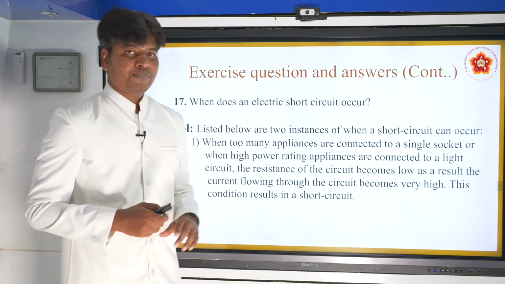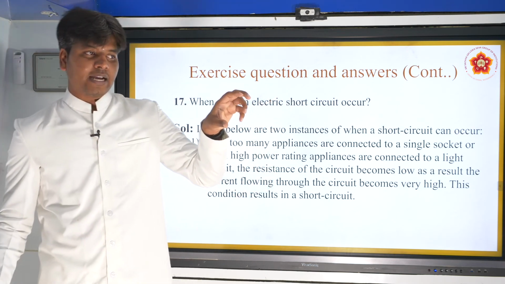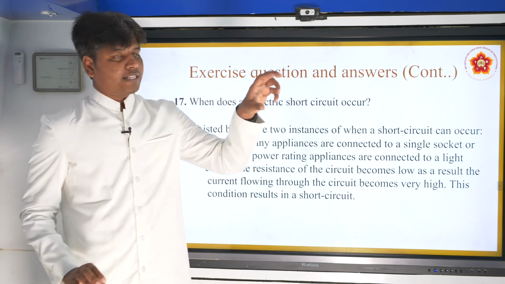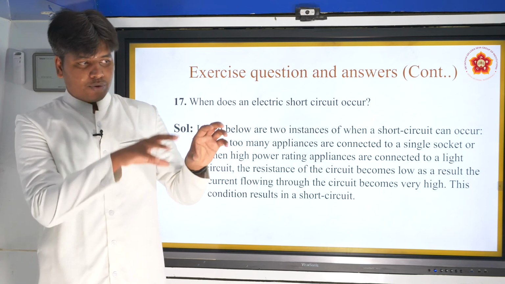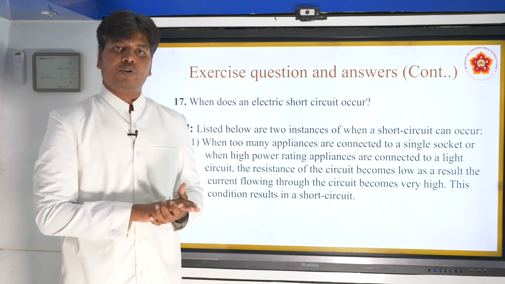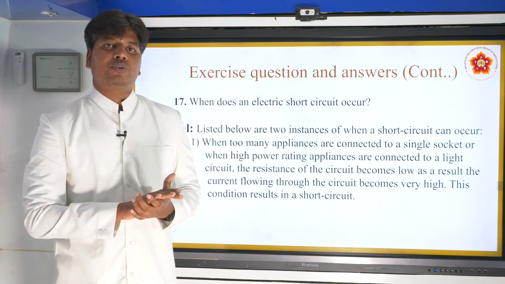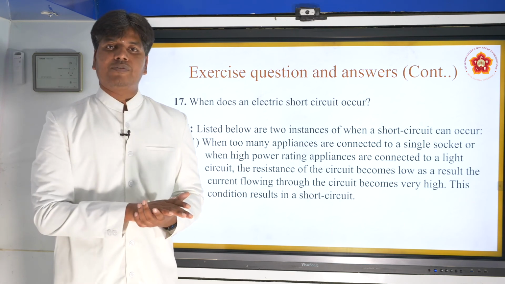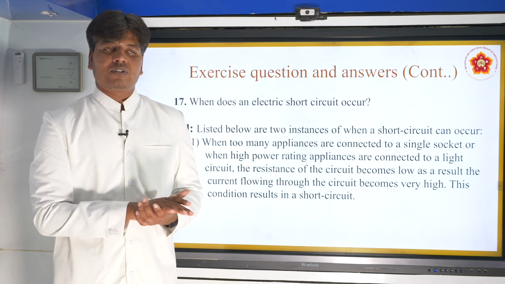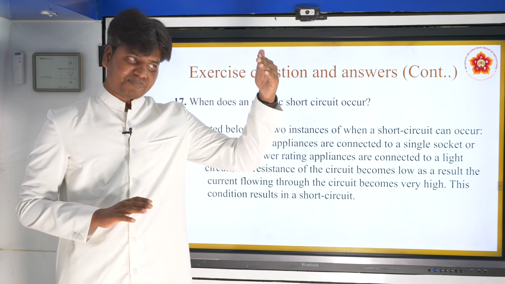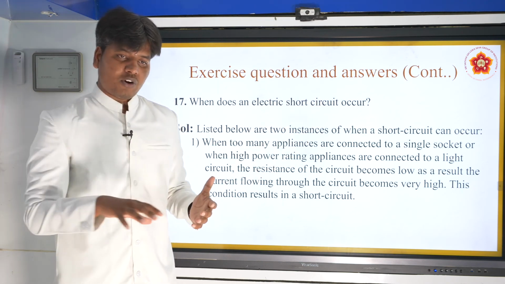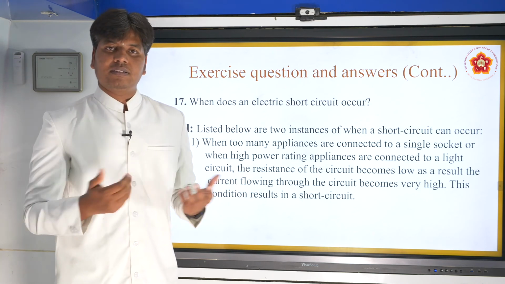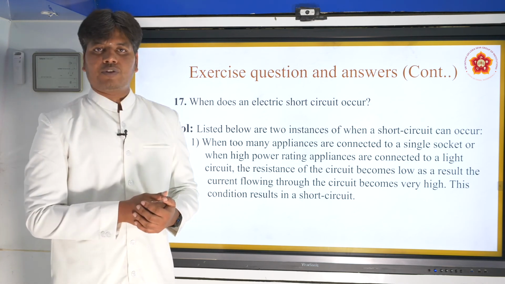What he is telling is, if you have one socket and you use an extension box, for example, that socket is designed to draw only 5 amperes, and you plug in the extension box and connect 5 more devices to it. It is designed to draw 5 amperes, but by connecting all these devices you are demanding 10 or 12 amperes.